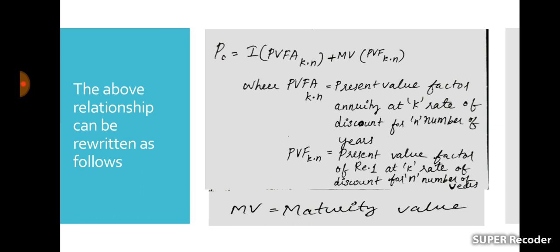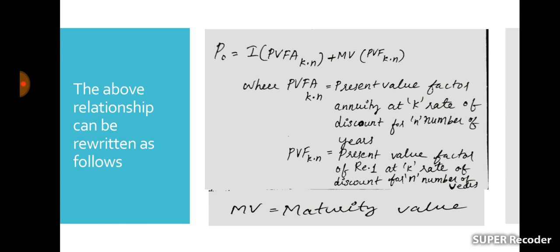Here the interest is fixed and we will get the same amount at a regular interval, for the whole maturity period. So we multiply the present value factor annuity with the interest, and then we will get the present value of interest. Then, maturity value into present value factor at k rate, n years.